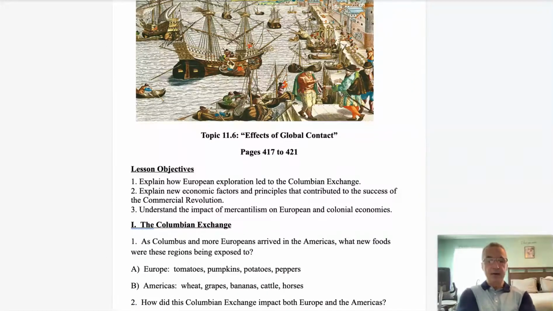In Europe, tomatoes and pumpkins and potatoes and peppers. In America, we had wheat, grapes, banana, cattle, and horses.